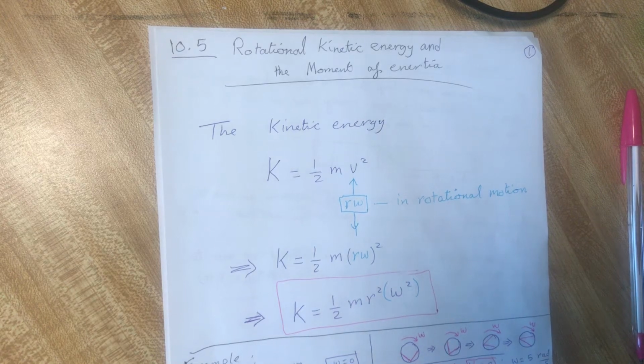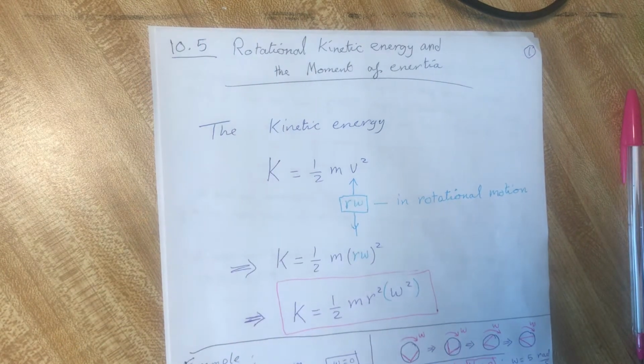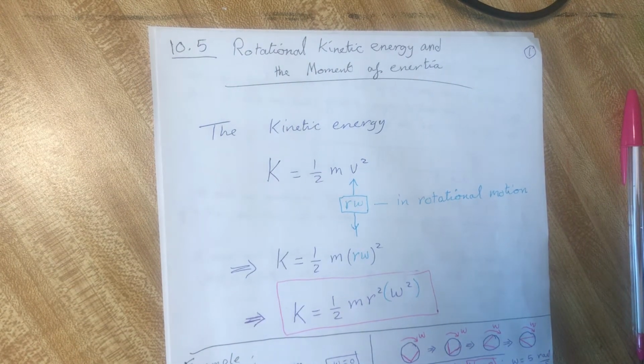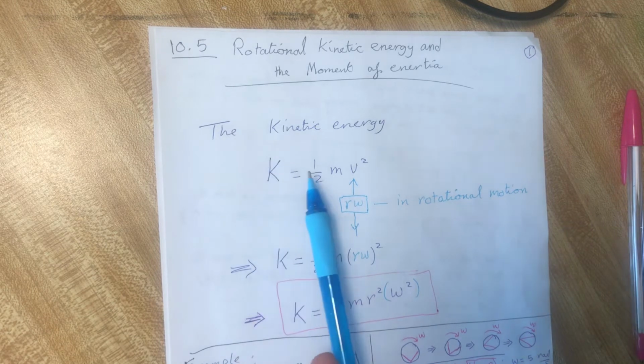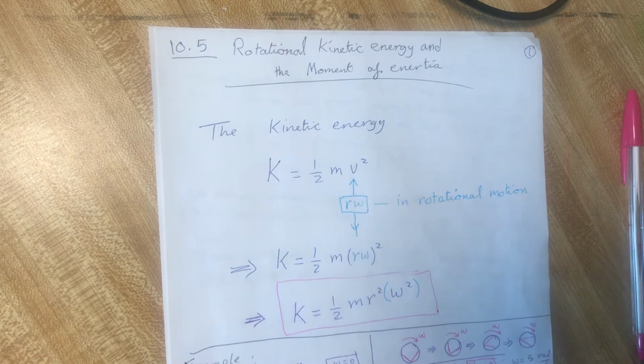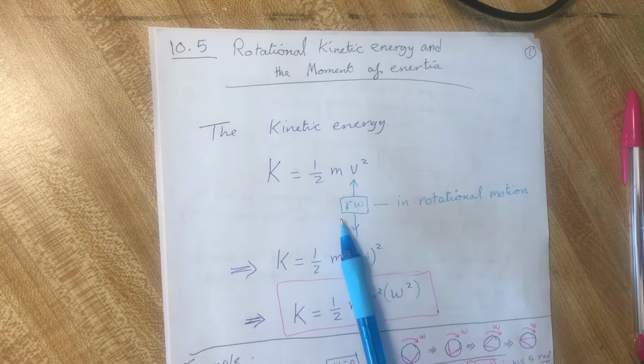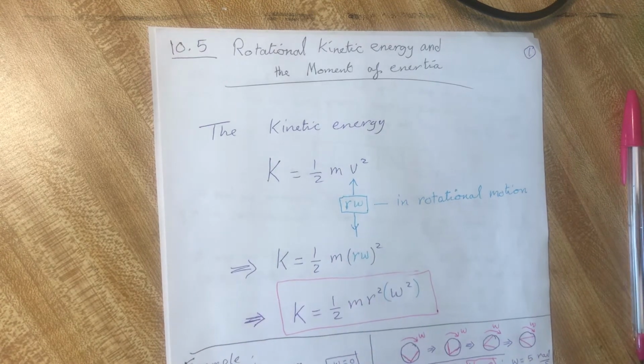Okay, now we can talk about rotational kinetic energy and moment of inertia, which is section 10.5. We know that linear kinetic energy K is equal to half mv squared. But in rotational motion, V is equal to R multiplied by omega.